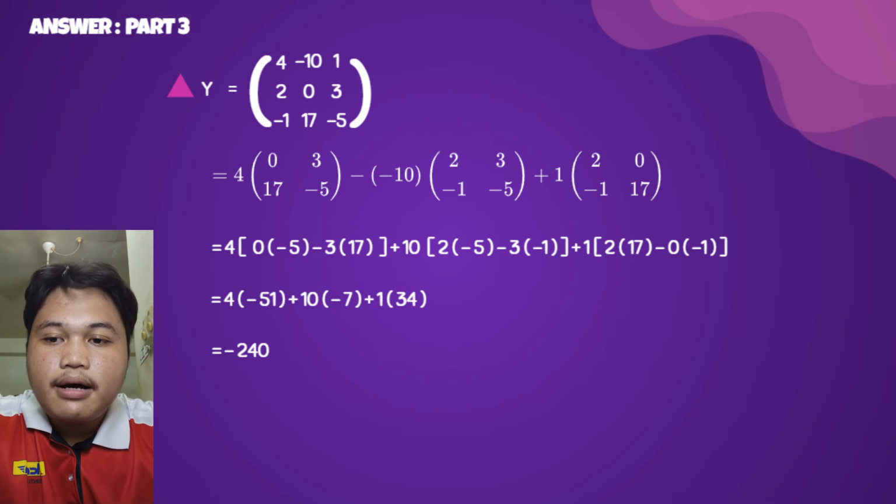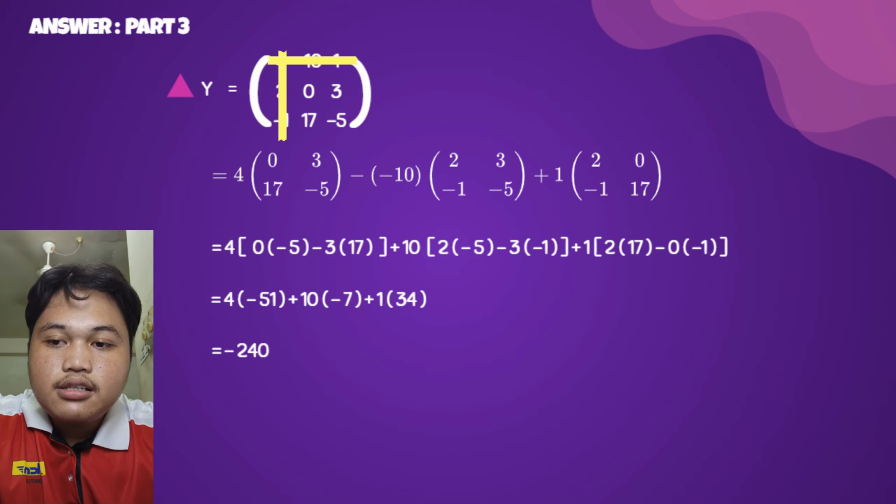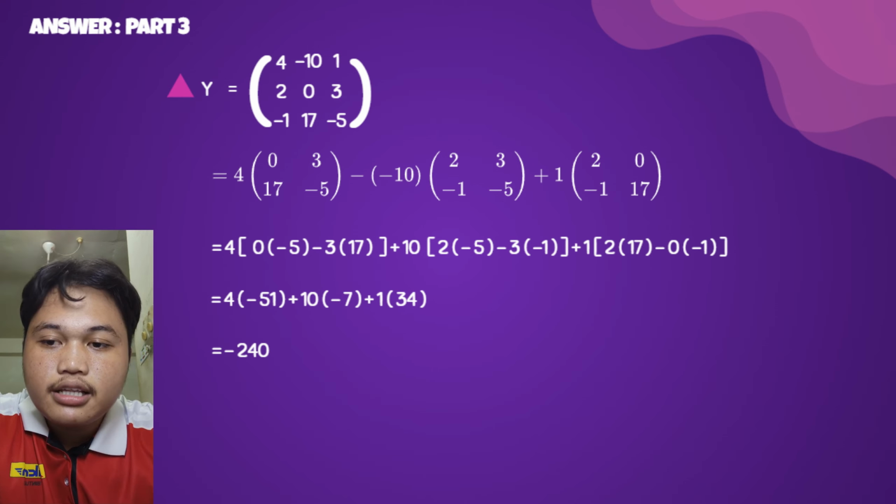To find the determinant of matrix Y, we have performed a cofactor expansion along the first row. First, we take 4 and multiply it by its 2 by 2 subdeterminant to get negative 204. Next, we subtract negative 10 times its subdeterminant, which becomes adding plus 10 times negative 7, giving us negative 70.